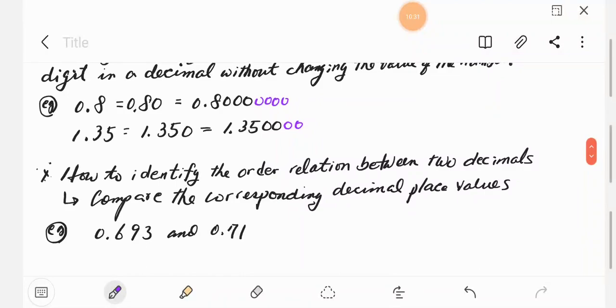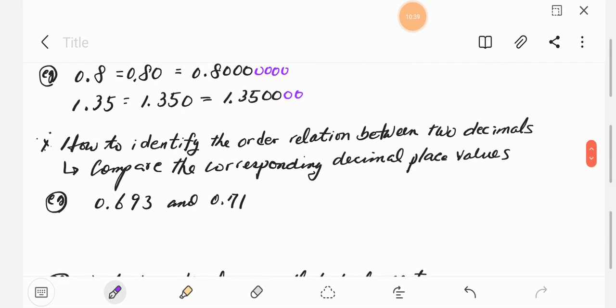All right, then how do you compare which decimal is greater and which one is smaller? It's pretty simple. What you have to do is compare each digit in the decimal. So the ones digit is 0. Okay, then here's a decimal. So after the decimal, compare the tenths digit.